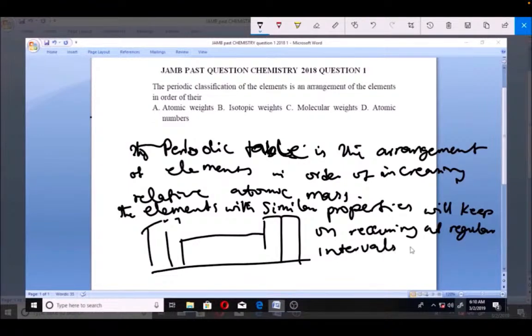And these regular intervals are called periods. So we have the periods and the groups.